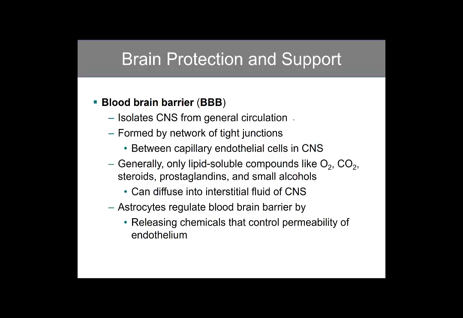We noted the presence of the blood-brain barrier, or at least we talked about the reasons why we have to have the blood-brain barrier. In terms of the BBB, we see that it isolates the central nervous system from the circulation. Here we're just talking about blood. It's formed in a number of ways. One, we have tight junctions.